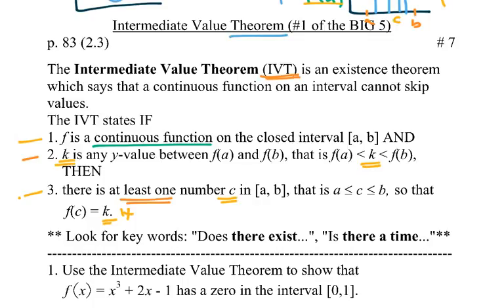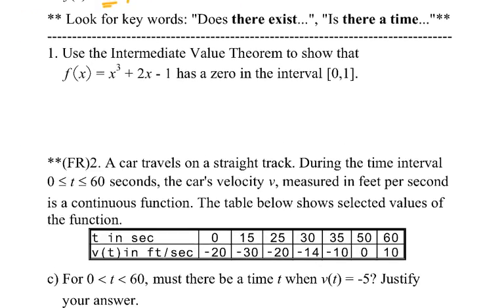Let's see what kinds of questions the AP is going to ask you about that. Typically you're going to see the words, does there exist or is there a time, when AP is asking you a question about this. Or at least I'll say often. Those are the words that you're going to see.